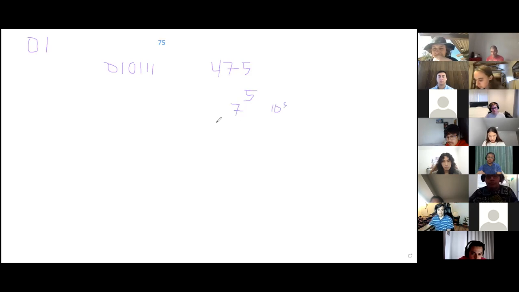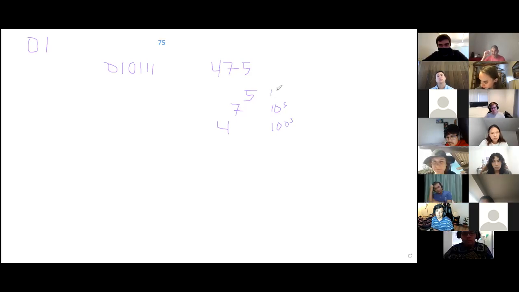You put them all together, you get 475. Aldo actually wrote it out in the right way too. So your 5 ones are basically 5 of 10 to the zero, because any number raised to the power 0 is 1. Yes or no?